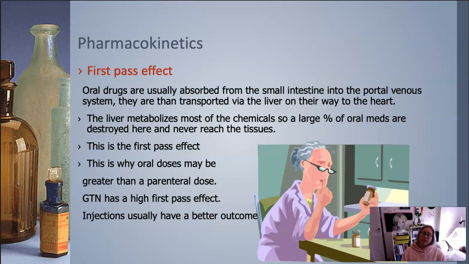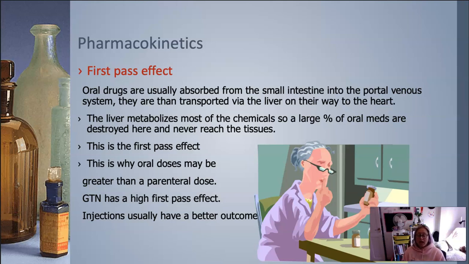These oral drugs work their way into the small intestine. Because, as we said earlier, most things that are absorbed through the digestive system are absorbed within the small intestine, oral drugs tend to also be absorbed within the small intestine.